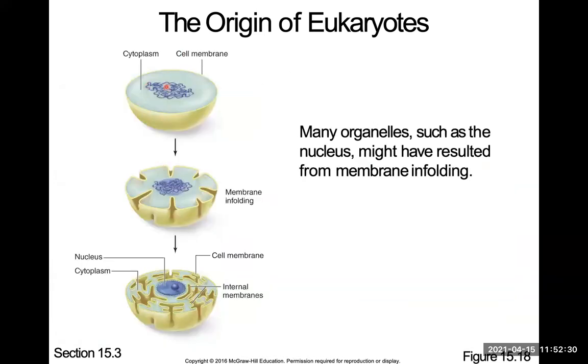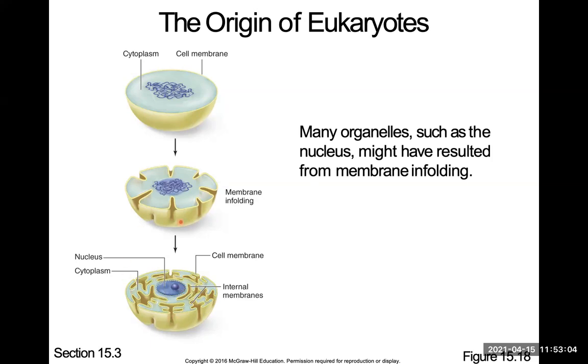This is the first cell, the protocell. You have the membrane and you have some genetic material inside. Very simple. Then over time, this membrane started to fold. So membrane enfolding started. And then it got a little bit more complex, and there were lots of internal membranes, and there was a membrane that formed around the center. That's how you got the nucleus. This membrane is also made up of phospholipids.